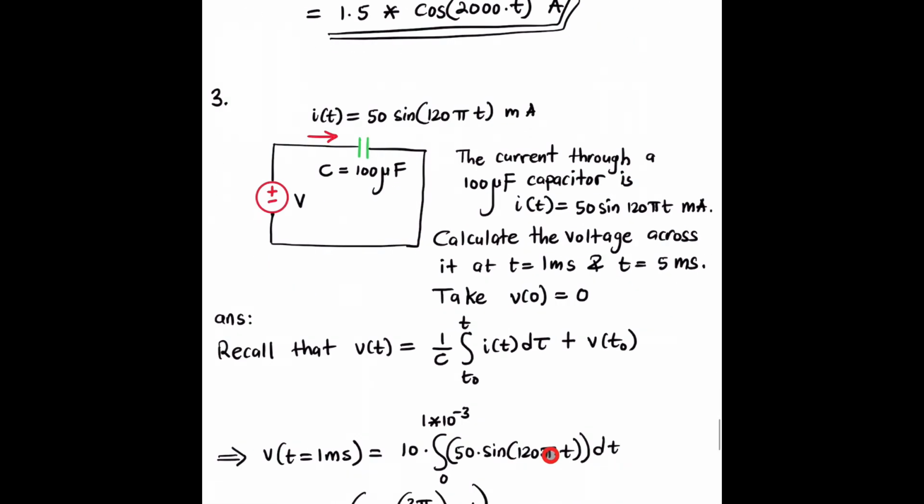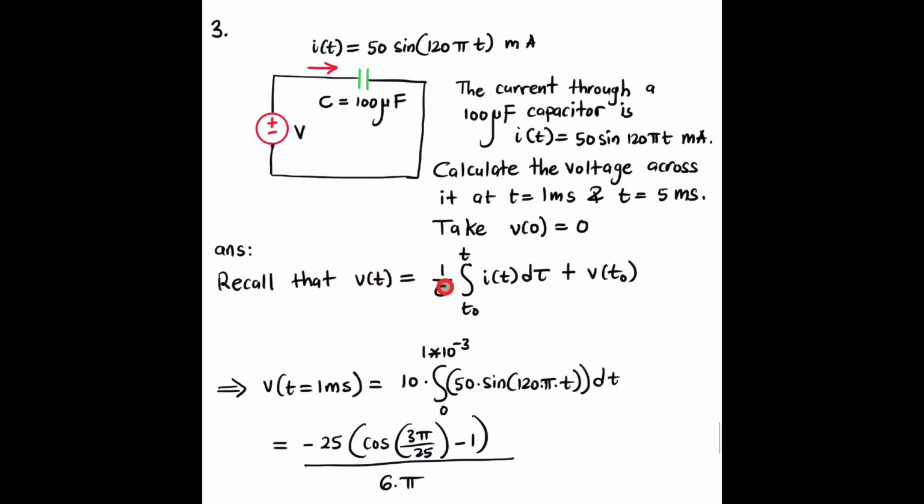Okay, and there's another example, example 3. The current through a 100 microfarad capacitor is this. Calculate the voltage across it at t equals 1 millisecond and t equals 5 milliseconds. Take V at 0 to be 0. So recall that V of t is this.